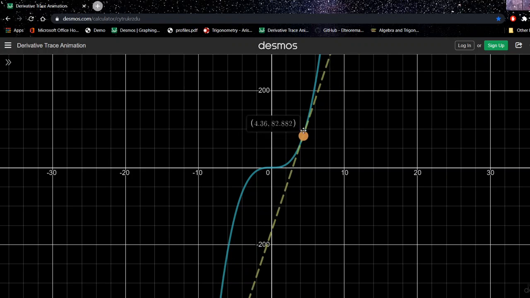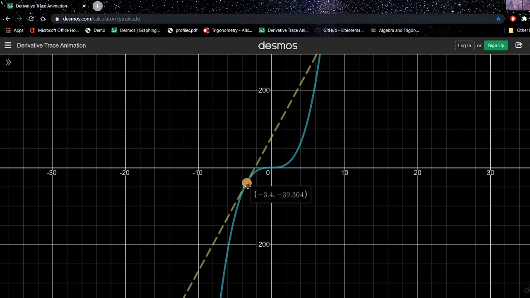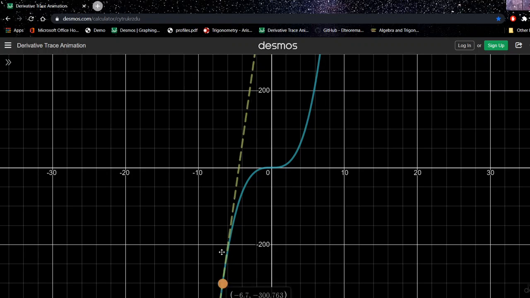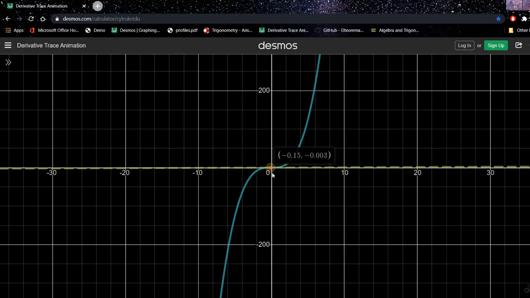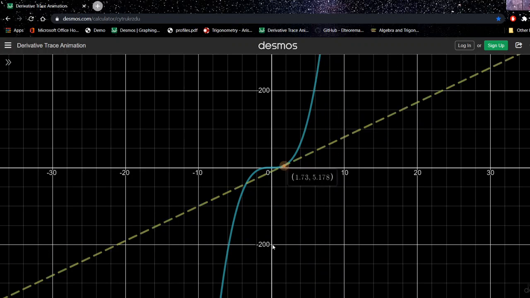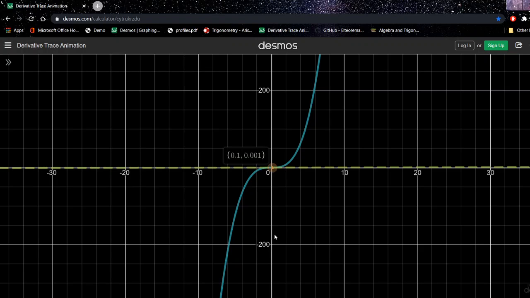So I should find the slope at each and every point, and that is basically differentiation. You can see the slope is really high here. The slope decreases, and it becomes 0 here. It's a horizontal line, so there is no slope. Then the slope increases, and it goes to the maximum. Do you see? So you understood how the slope goes.